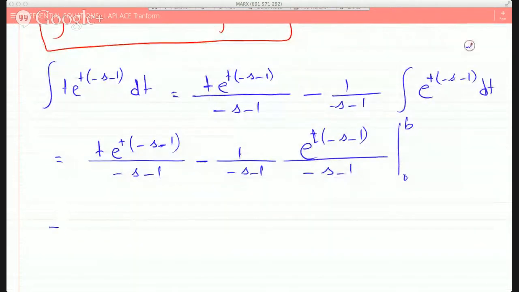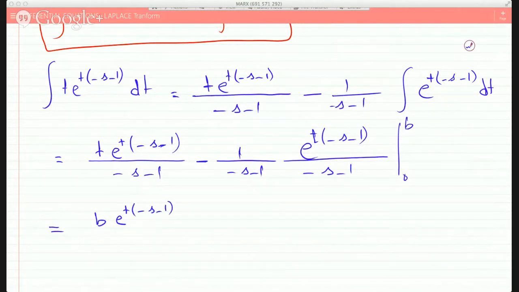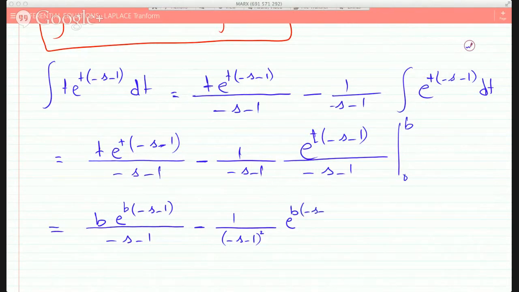Okay, you're writing, you're doing this? So this becomes b e to the t times minus s minus 1 over minus s minus 1, minus minus s minus 1 squared times e to the b times minus s minus 1.